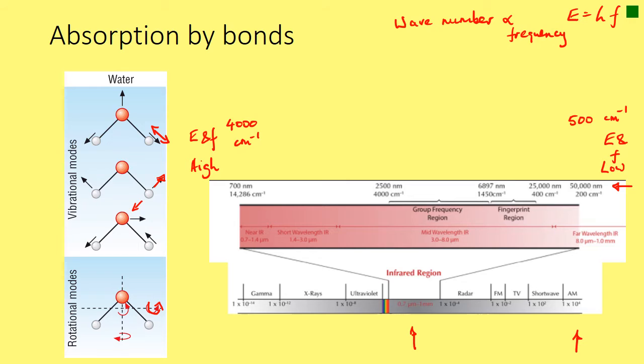Okay, so what I'm going to do now is suggest that at this end we've got carbon-carbon bonds and carbon-oxygen bonds. And then slightly higher energy, we've got double bonds, for example, carbon-carbon double bonds and also carbon-oxygen double bonds.